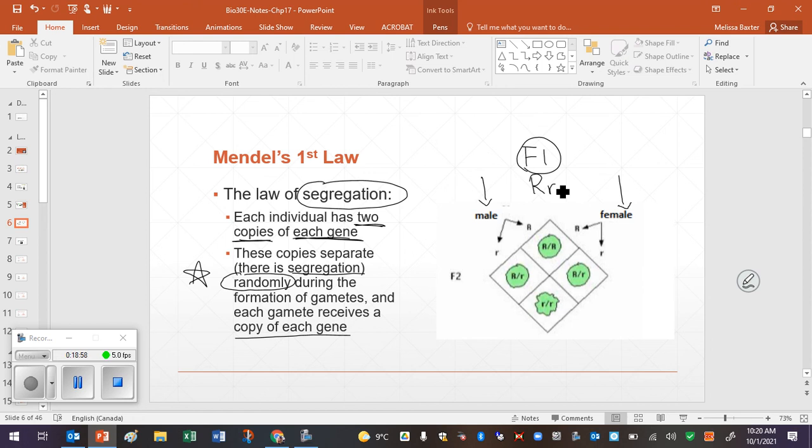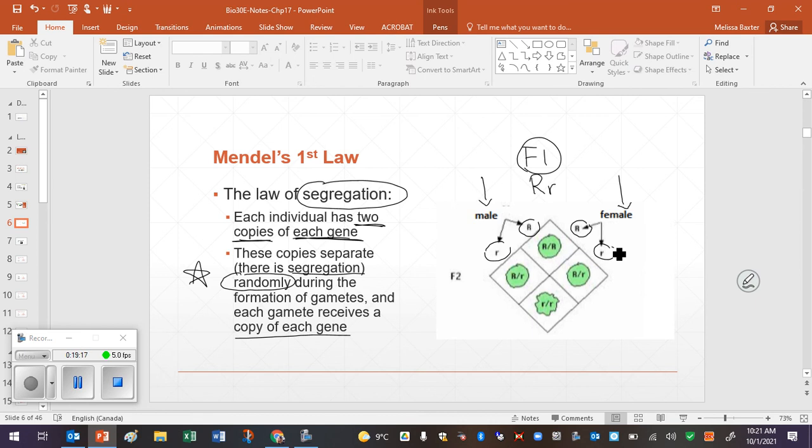And so it's just showing you that if we consider their gametes, the male plant could make a gamete that has the dominant allele, or it could make a gamete that has the recessive allele. There are two possibilities. And the female could do the same thing.